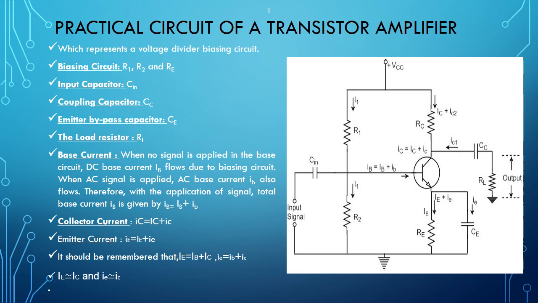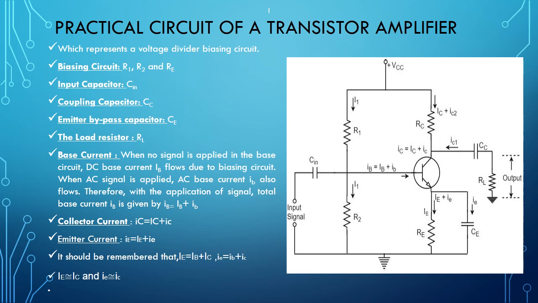Next in the circuit we have the emitter bypass capacitor, CE. This emitter bypass capacitor is parallel to the emitter resistor RE. The amplified AC signal is bypassed through this. If this is not present in the circuit, the signal will pass through the emitter resistor RE, which produces a voltage drop across RE.